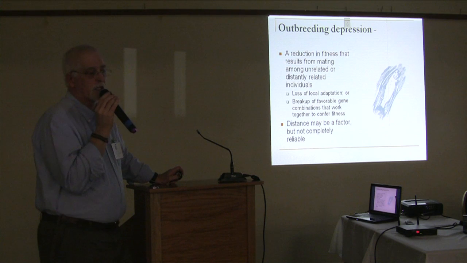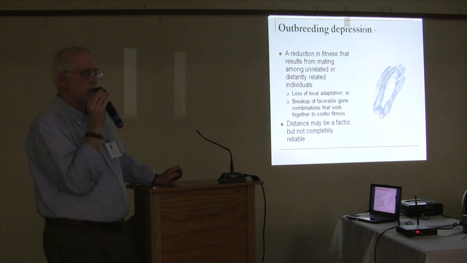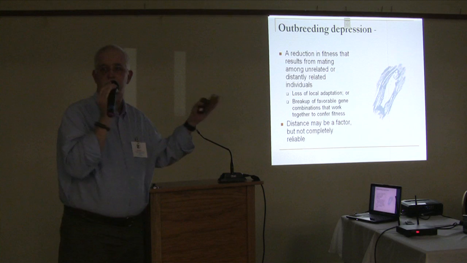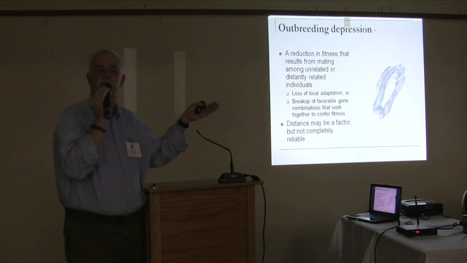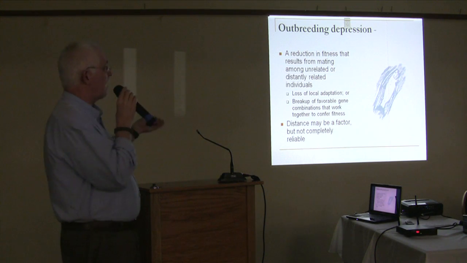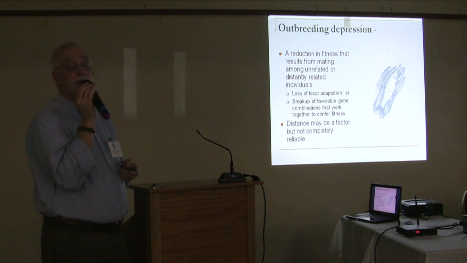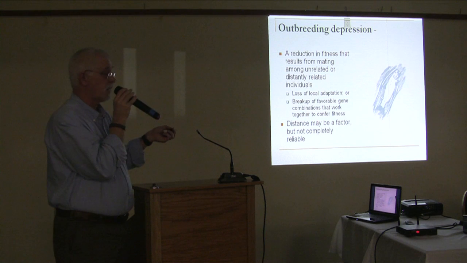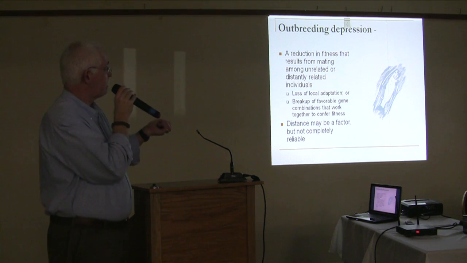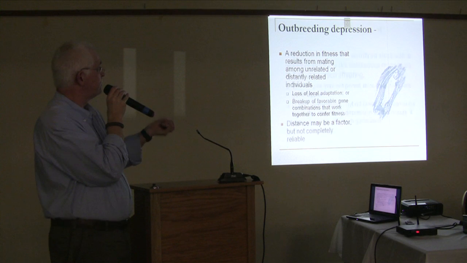In most cases, this is related to distance. More distant populations of animals mixed together have a higher chance of causing outbreeding depression, but that isn't always true. Sometimes it can happen with neighboring groups.